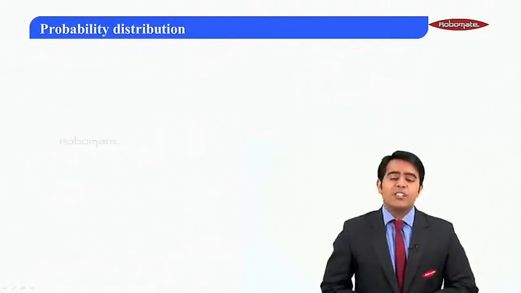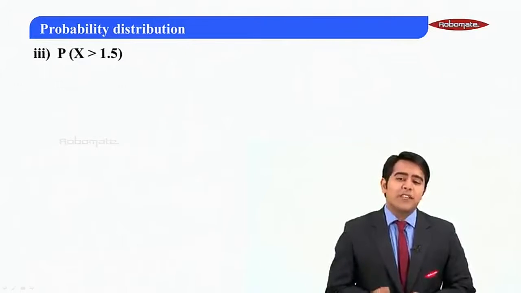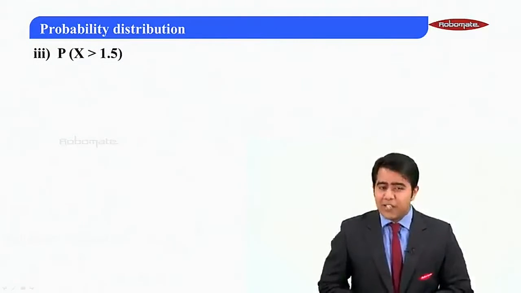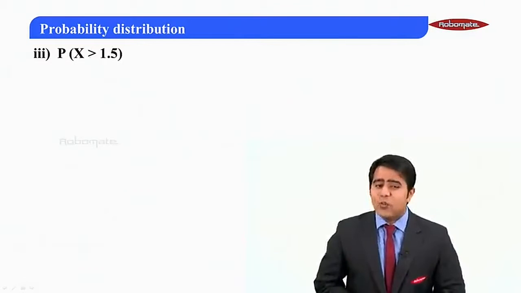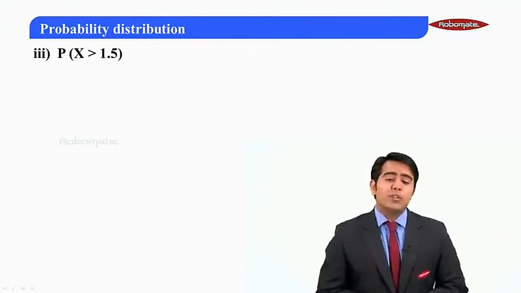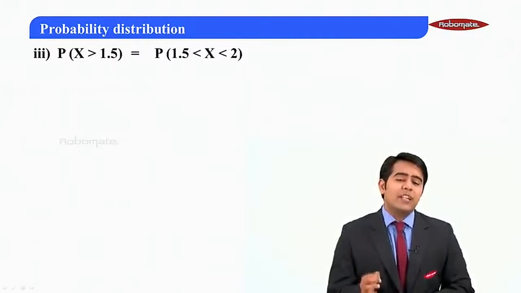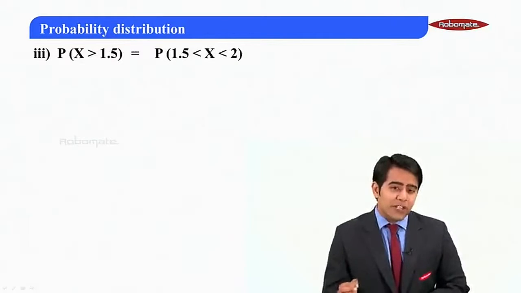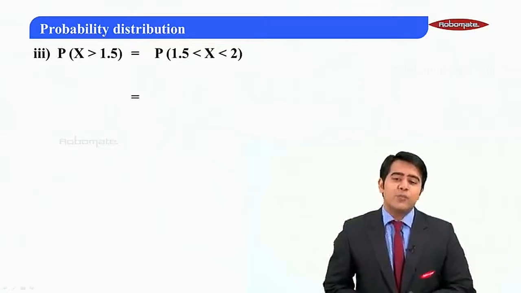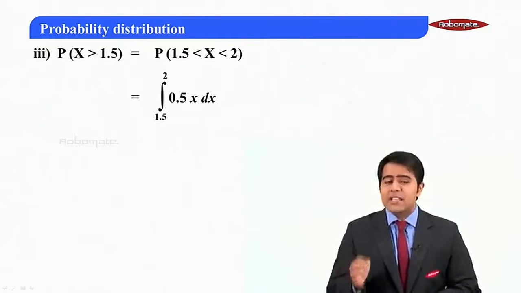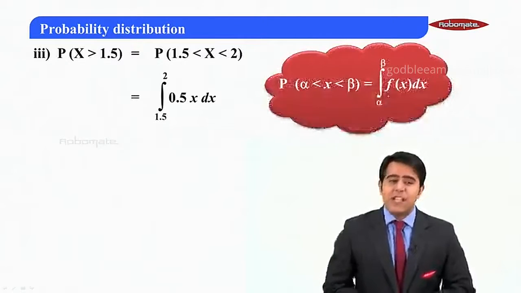Now moving further to the third part. In the third part, we have been asked to find P of x greater than 1.5. So friends, x greater than 1.5 means x can go up to 2 only. So here we have to find the probability of x greater than 1.5 and less than 2. So I can write it as the integral 1.5 to 2, 0.5x dx.